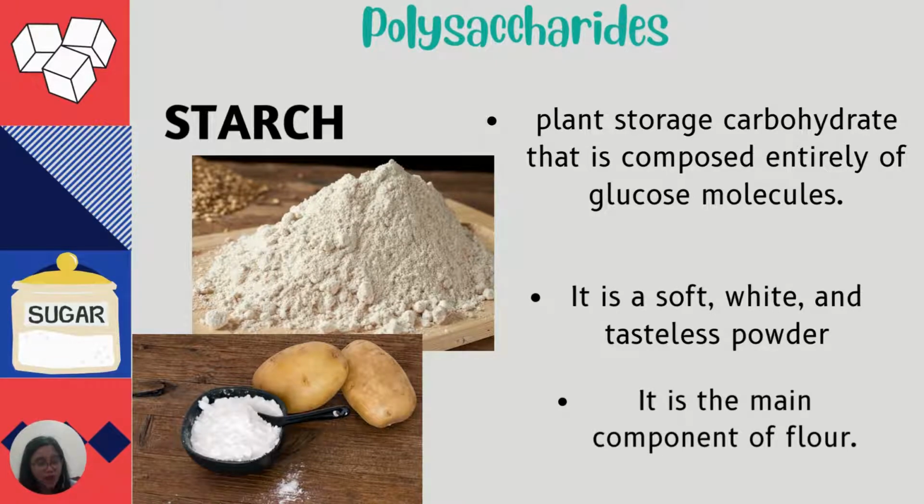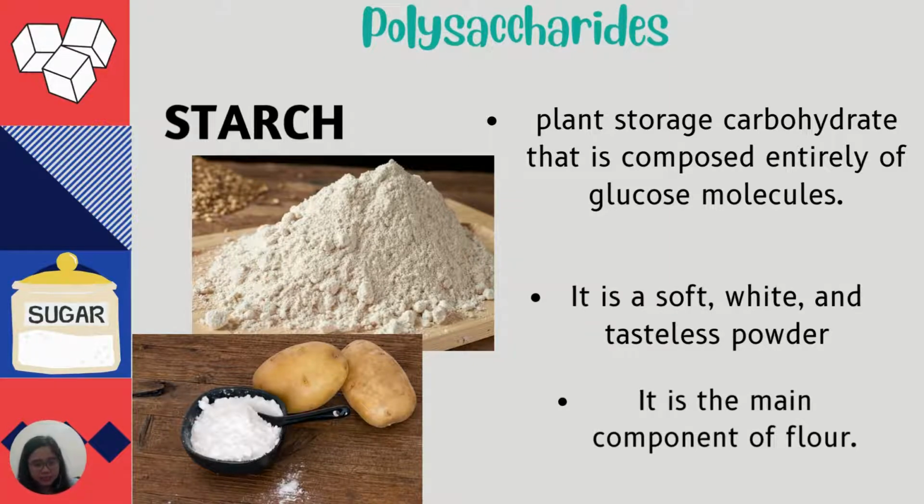It is commonly found, yung starch natin, sa potatoes, potato tubers, cassava, carrot, corn, peas, pasta, and cereals. It is the main component of our flour. So the main component dun is the starch.